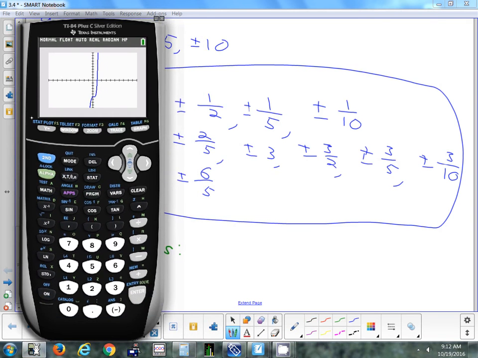Positive or negative 2/5. That's 0.4. Not really. Positive or negative 3? No. Positive or negative 1.5? That's 3/2. Not really. Doesn't look like it's at 1.5 to me. Positive or negative 3/5? That's 0.6. If you said that could be a candidate, I would be okay with that. 0.6, that's kind of close to where that line is.